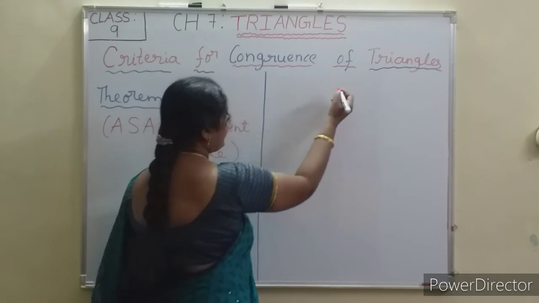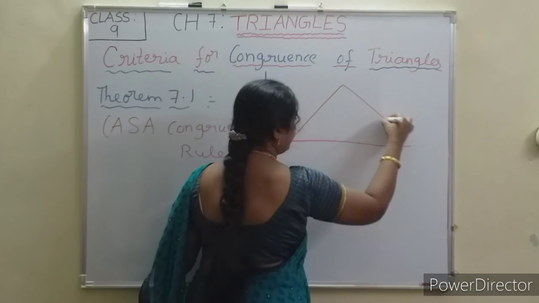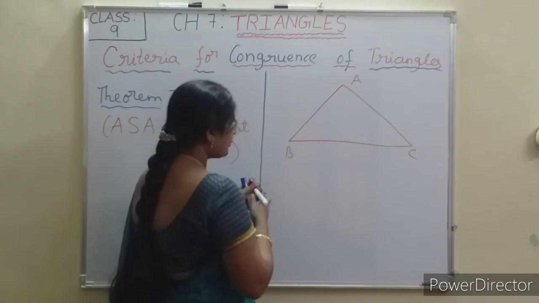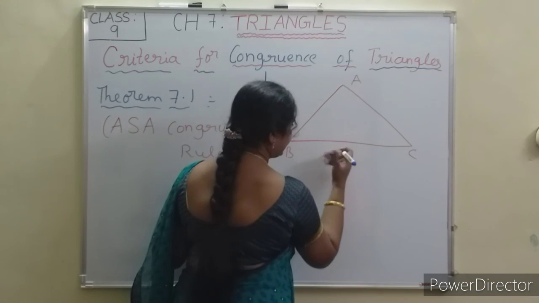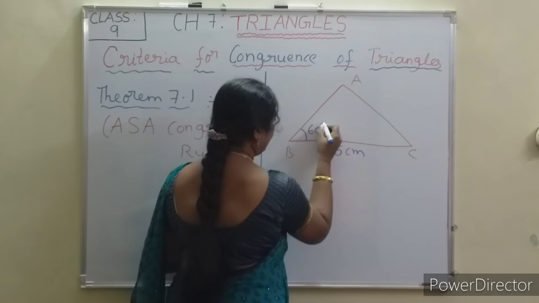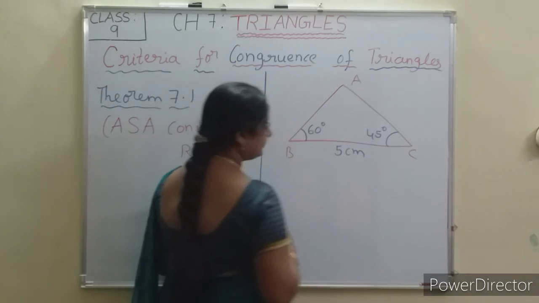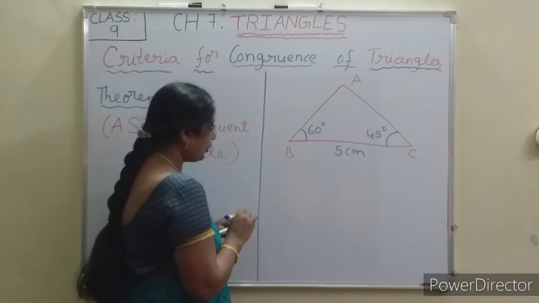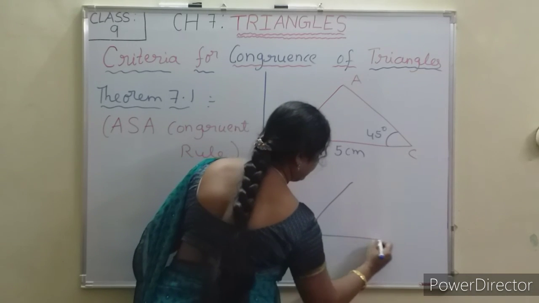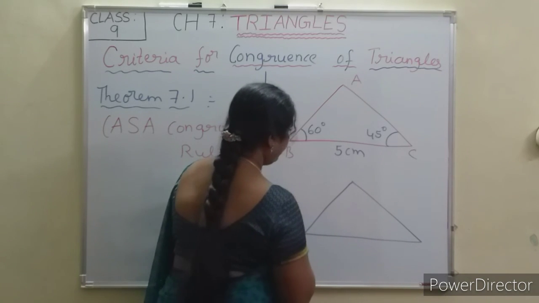See here. Here I am drawing one triangle ABC. Children, here this length BC is 5 centimeters, this angle is 60 degrees, and this one is 45 degrees. Now I am going to take one more triangle, PQR.